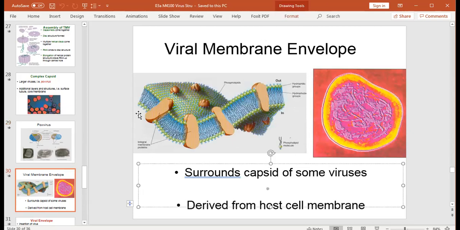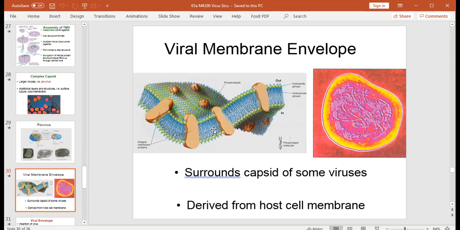Let's talk a little bit about viral membrane envelope. As you know, the plasma membrane of eukaryotic cells is a lipid bilayer, two layers of lipids, where the hydrophilic groups are sticking outwards, and hydrophobic groups are sticking inwards.